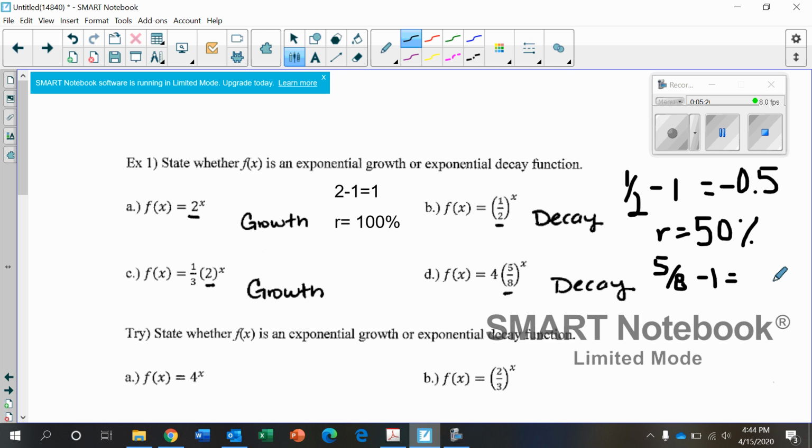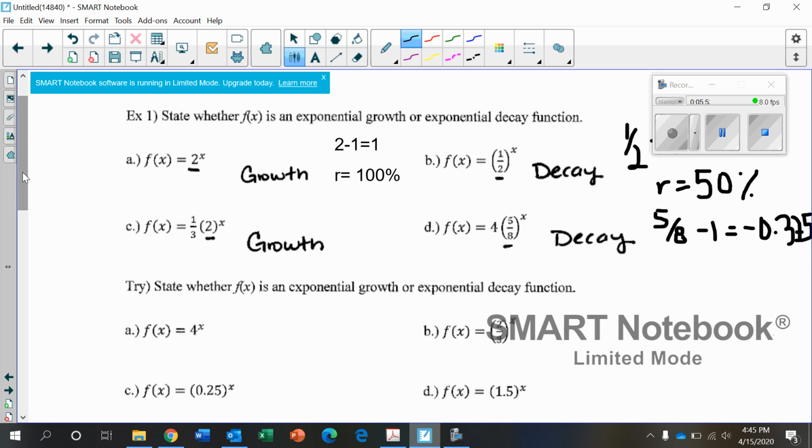Well, it would be 3 over 8, so it would give me negative 0.375. Again, it's negative. We know it's decay. So we want to make it a percentage. I'm just moving it over 2 places. I get 37.5%.